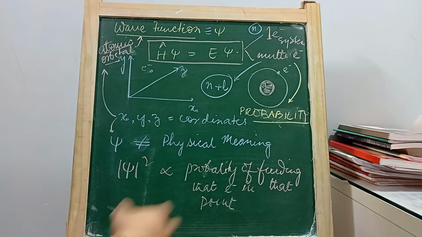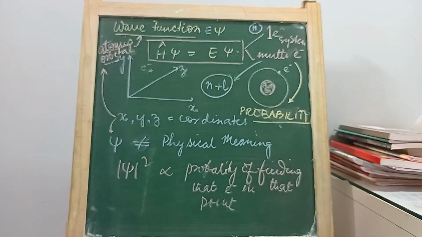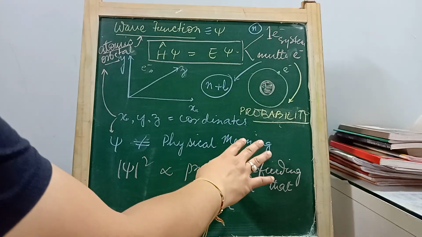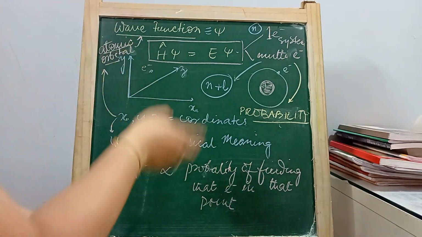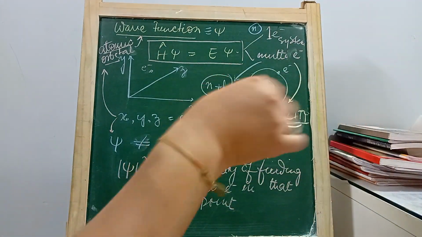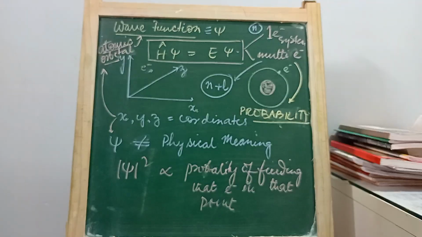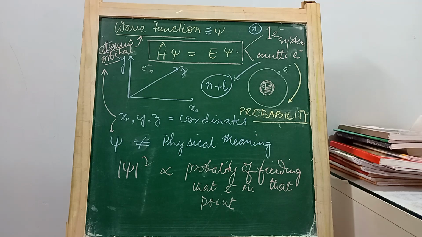If its value is less, it means the probability of finding the electron at this particular point is less. So psi doesn't have physical meaning, but the square of psi, or the square of the atomic orbital, or the square of the wave function, will give you the probability of finding the electron at that particular place around the nucleus, right?